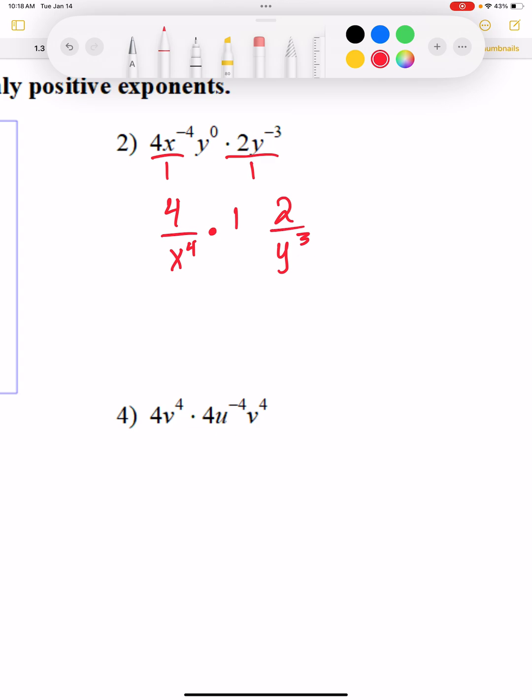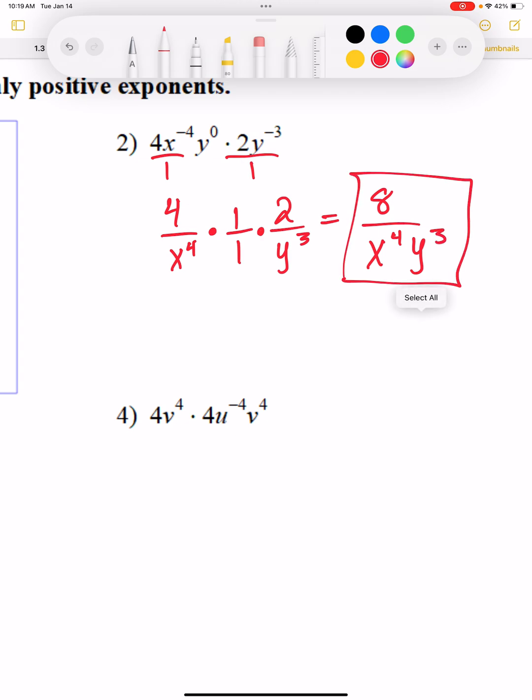Maybe you want to make it a fraction so it matches. 1 over 1 is still 1. So 4 times 1 times 2 is 8, and then x to the 4th times 1 times y to the 3rd is just x to the 4th, y to the 3rd. And this would be your answer.